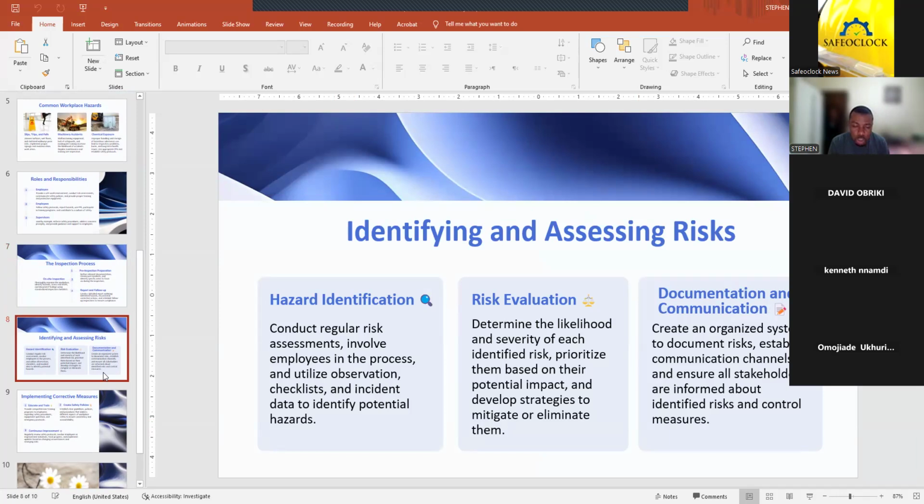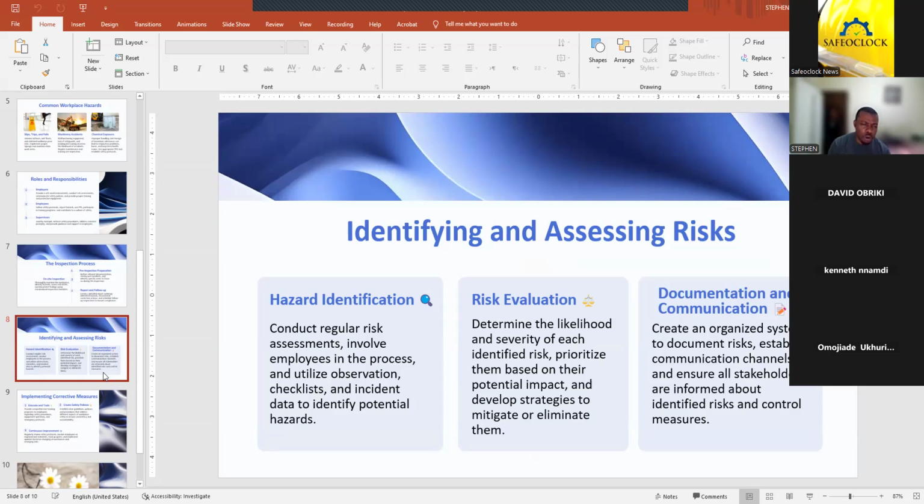When you are carrying out an inspection, everybody, the HSE team, the management team, managers, supervisors, and also some of the workers, can be incorporated into the process, because there are some things you cannot see, because you're not the person who carries out the operation, so you just go for inspection. Those people need to be carried along.